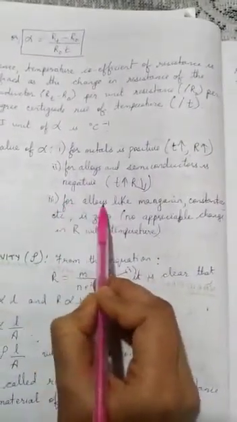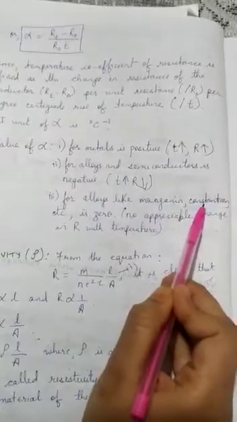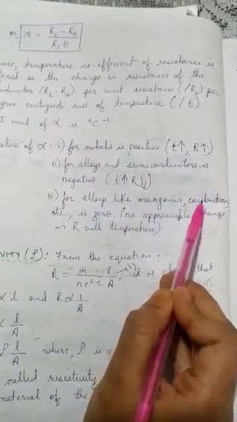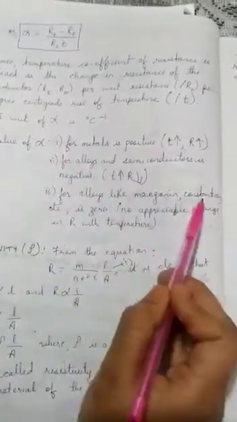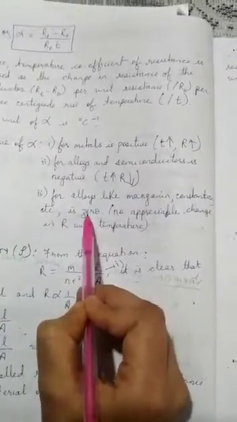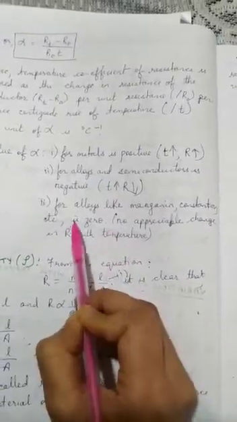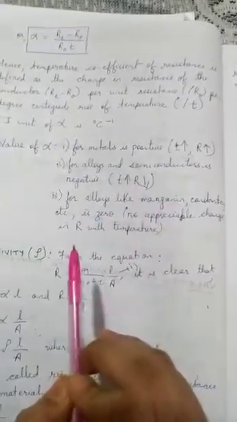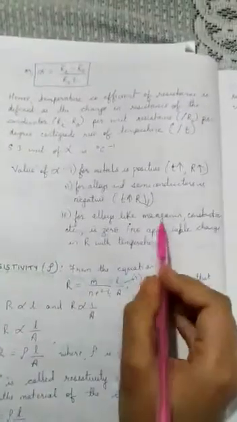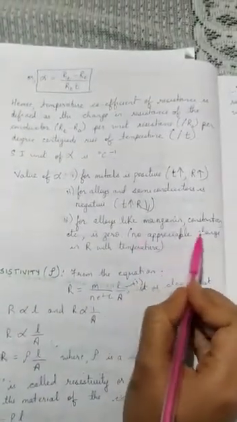And there are certain alloys like manganin and constantan, which are used in a meter bridge in the lab, for which alpha is 0. Zero means there is no appreciable change in resistance with temperature. That is why they have been chosen as the materials to be used in the meter bridge. You increase the temperature, there is not much change in the resistance.